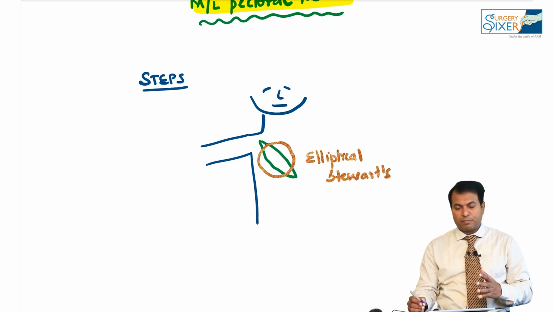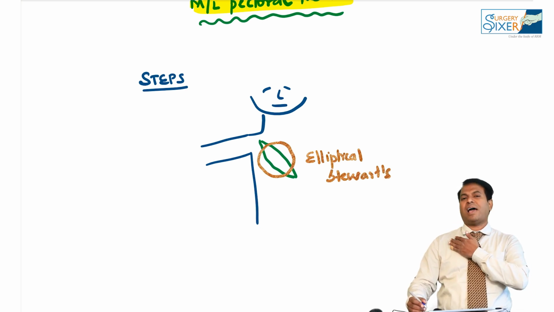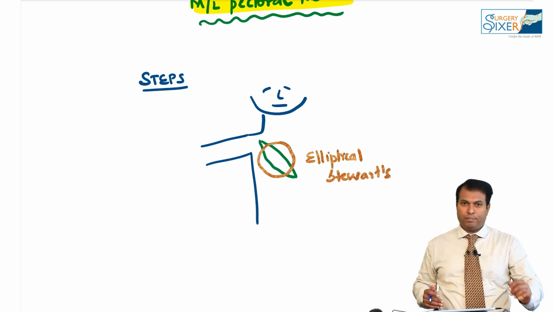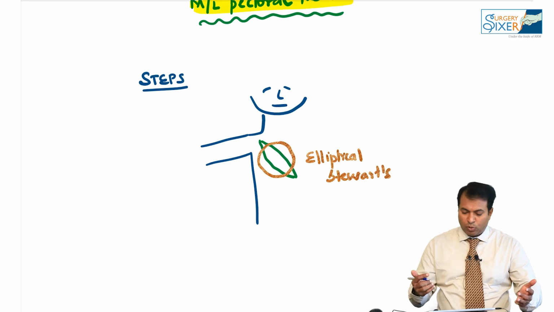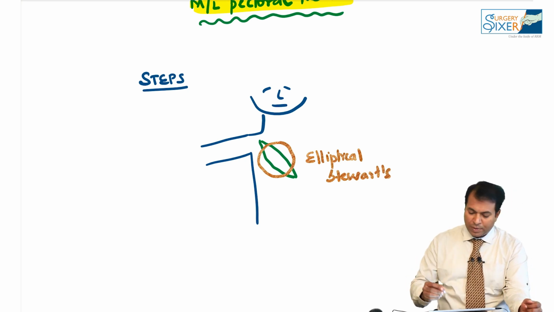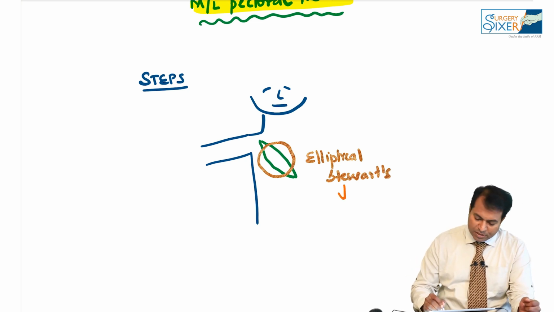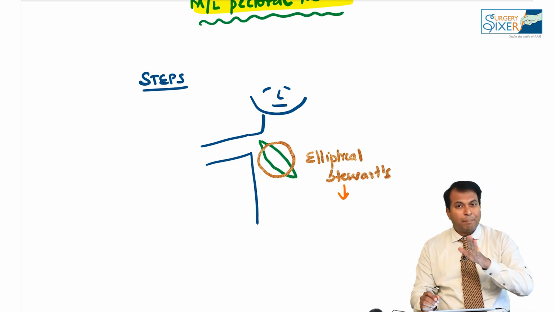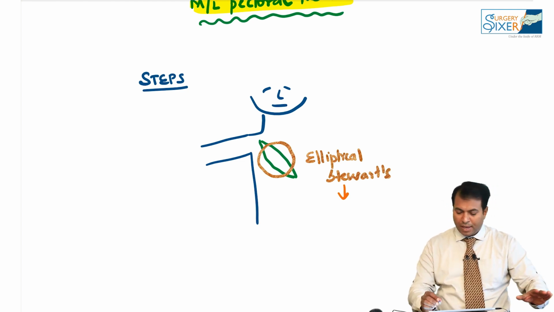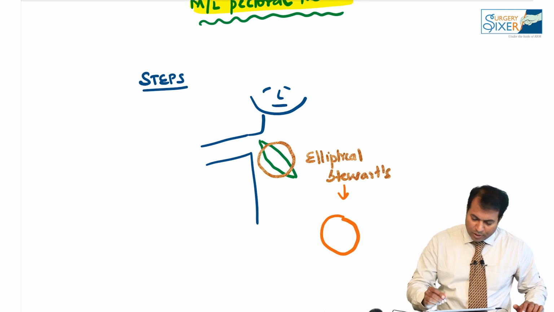The elliptical Stewart's incision is made, and you raise the skin flap above and below, up to the boundaries I told you. Then remove the breast tissue. The entire breast tissue and the pectoralis fascia is removed, and this is how you get the specimen.